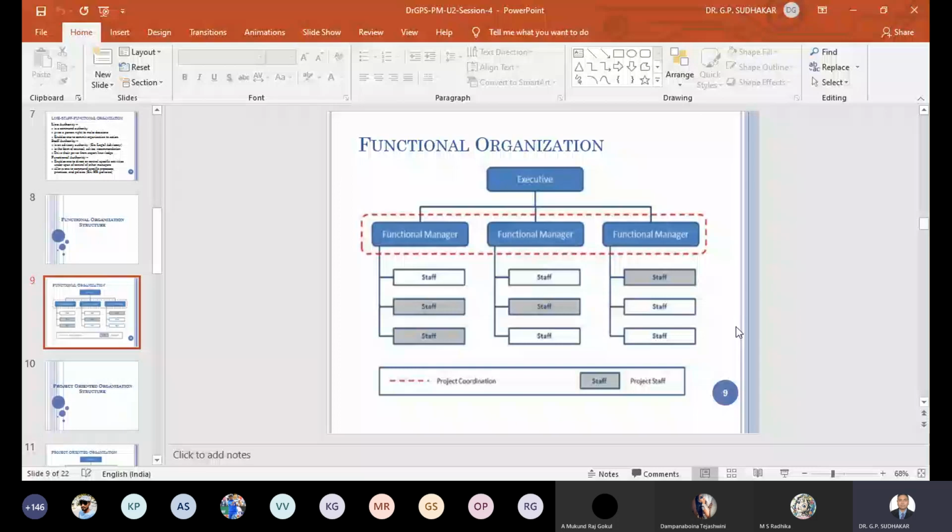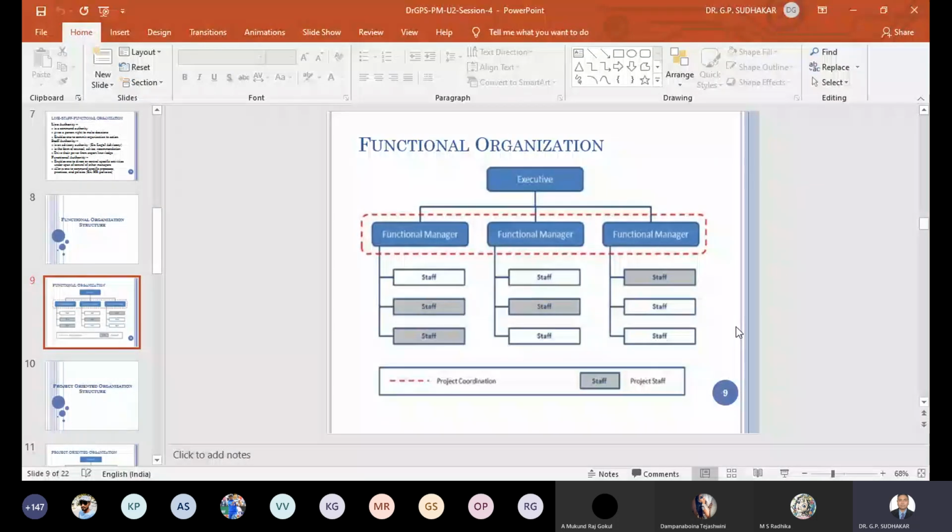So for example, this is the functional organization structure, and HRM, marketing, finance, production, like that different business functions are there. Under HRM, vice president HR, there will be an HR manager. Under the HR manager, there will be a compensation expert, a recruitment expert, like that HR executives.